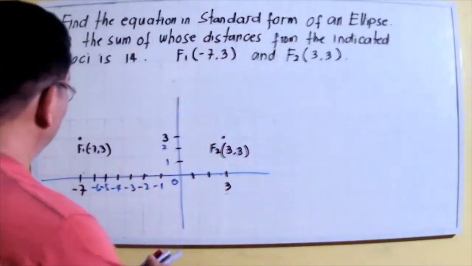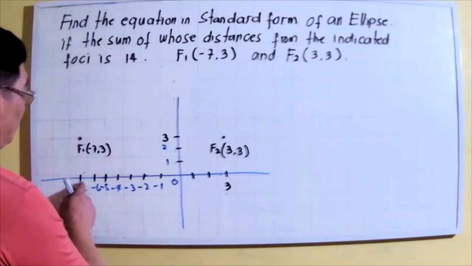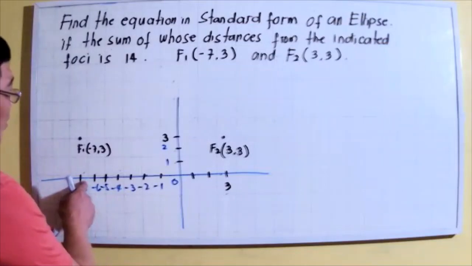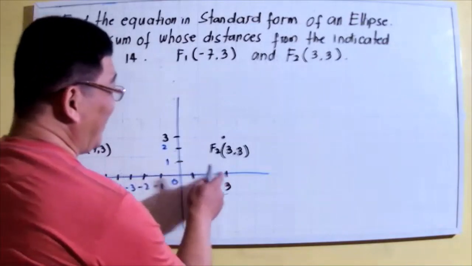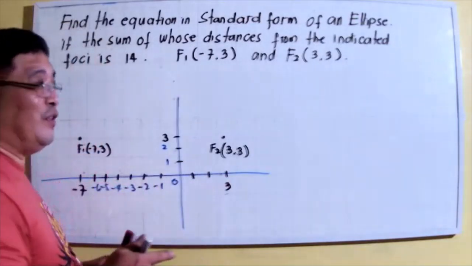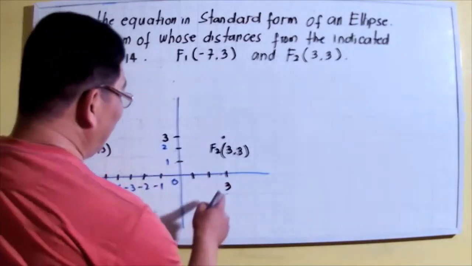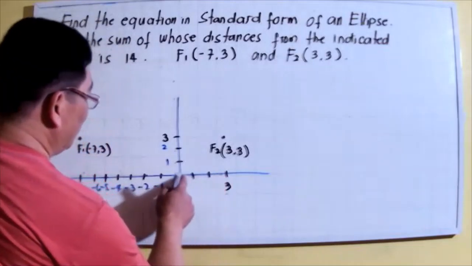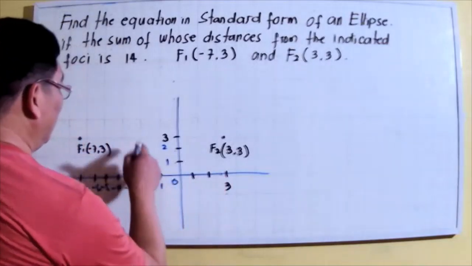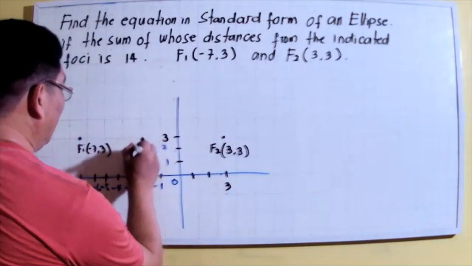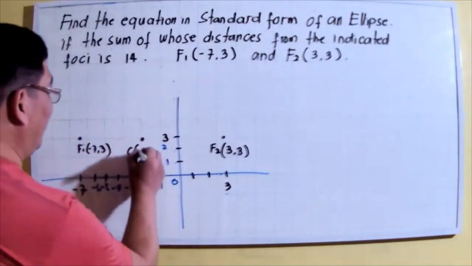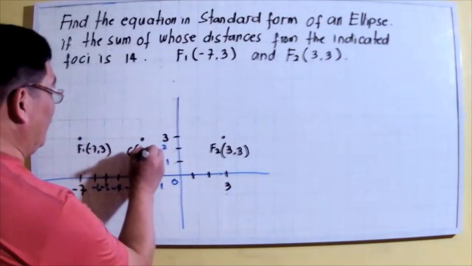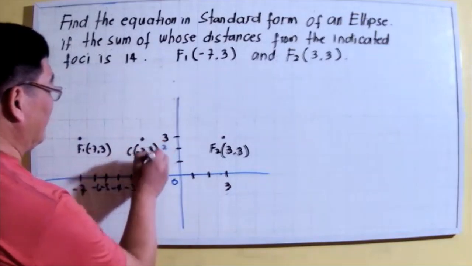So let's start here. 1, 2, 3, 4, 5, 6, 7, 8, 9, 10. 10 divided by 2 is equal to 5. So the center is 1, 2, 3, 4, 5, right here. This will be the center with coordinates -2, 3.